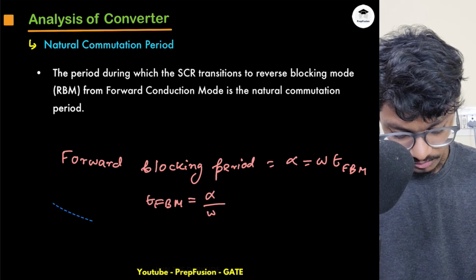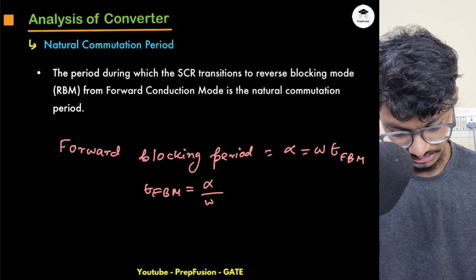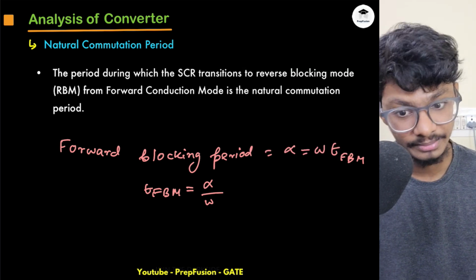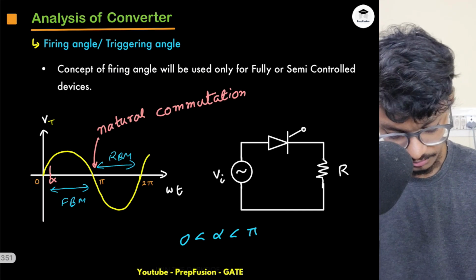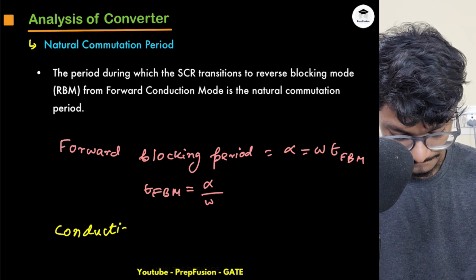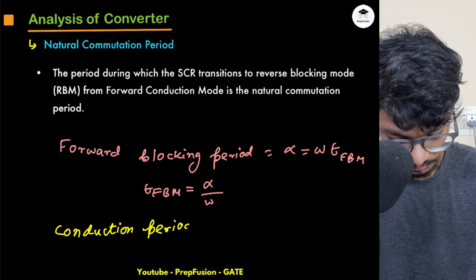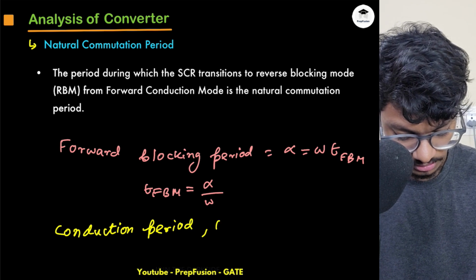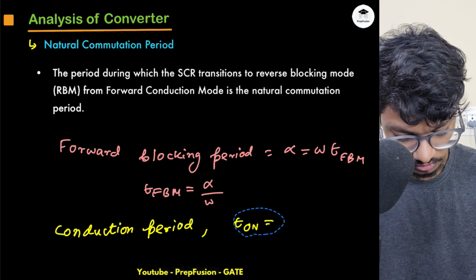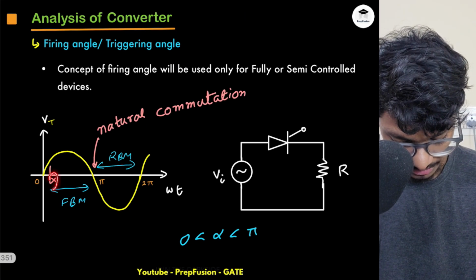Now what is the natural commutation period? First of all, I can define the conduction period as well. What is the conduction period of that SCR in this particular case? If I trigger it at alpha, the conduction period, omega into T on, will be from alpha to pi.